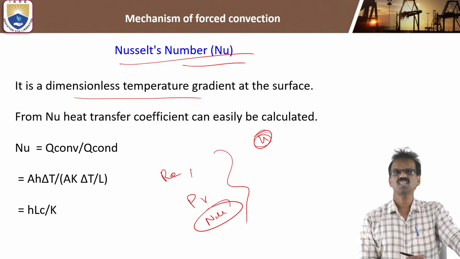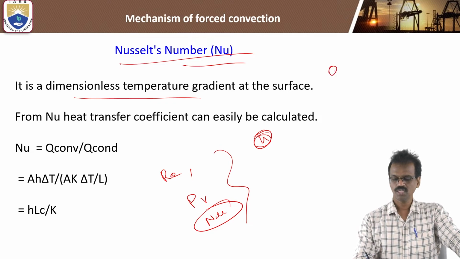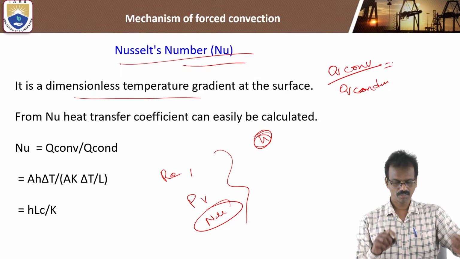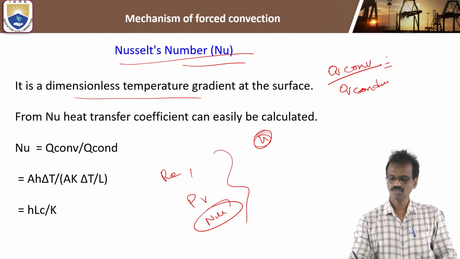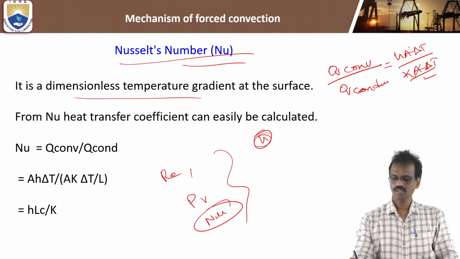You know the formula: Nusselt number is equal to Q convection by Q conduction. You know the formulas for the Q convection, h A delta T, and Q conduction, k A delta T by L. Area cancels, so the L comes on top, delta T cancels, and we get h L by k.